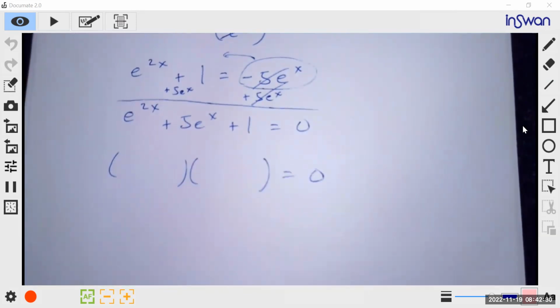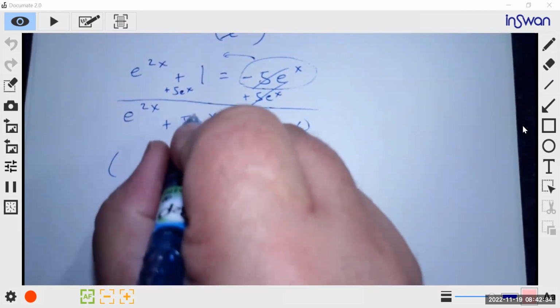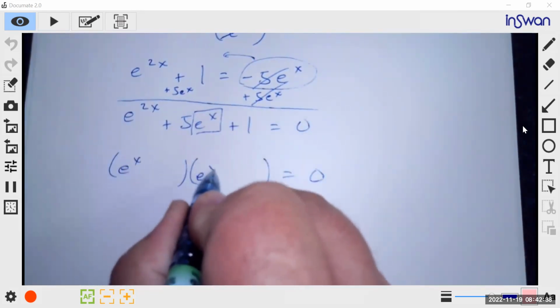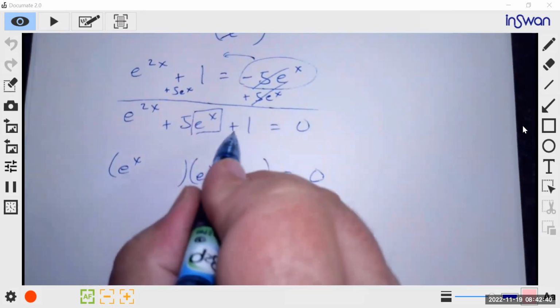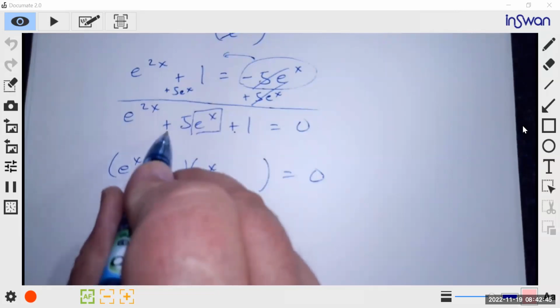Factor. Remember, whenever you factor, you're always factoring, you're solving for that middle term. So it's e to the x, e to the x. It's a plus, so they're both the same sign. They're both plus.